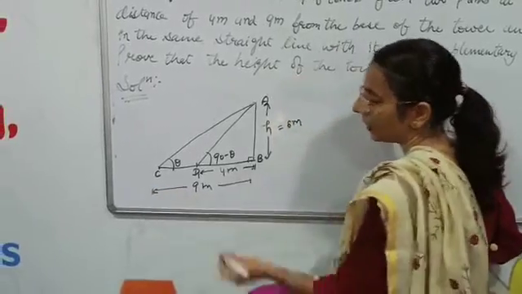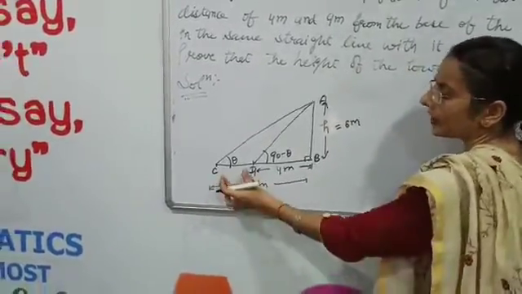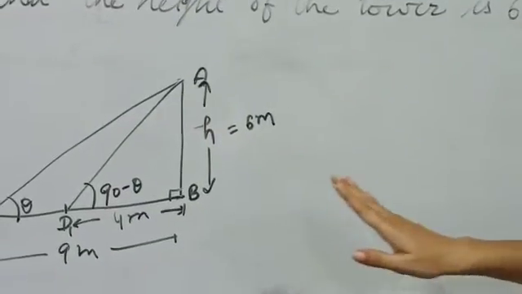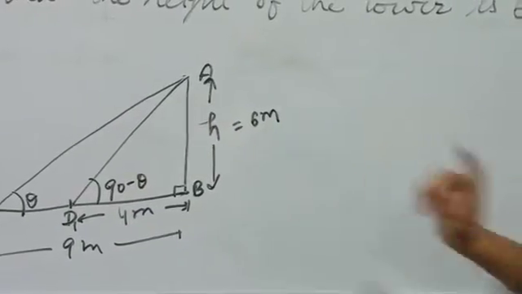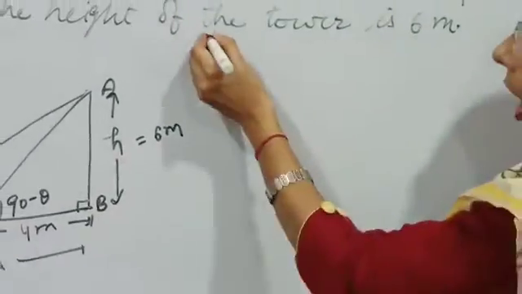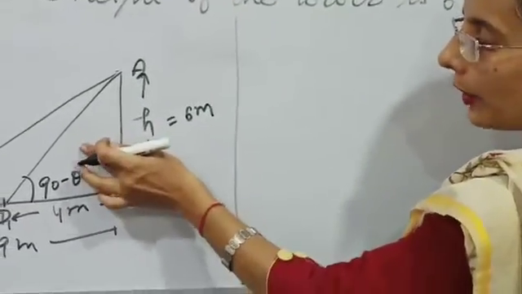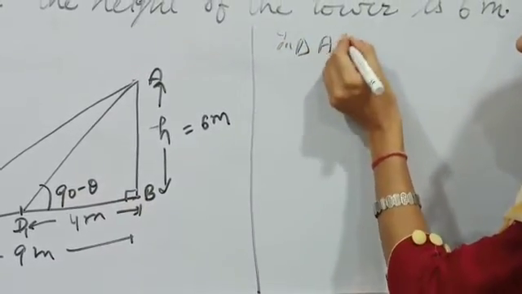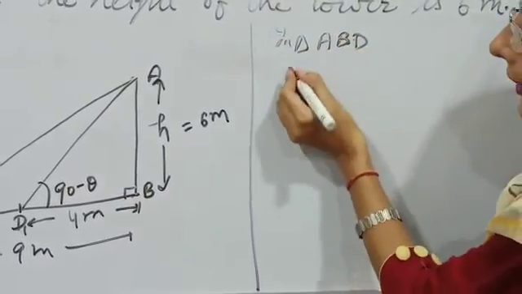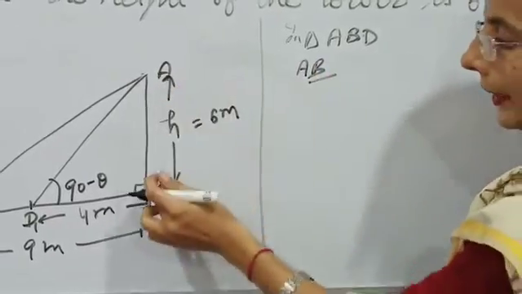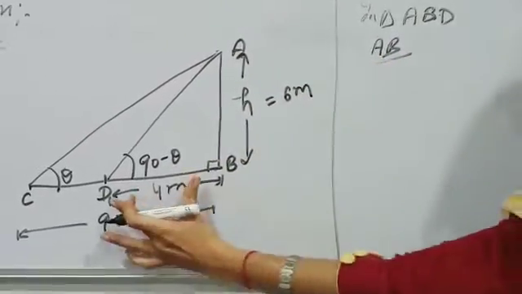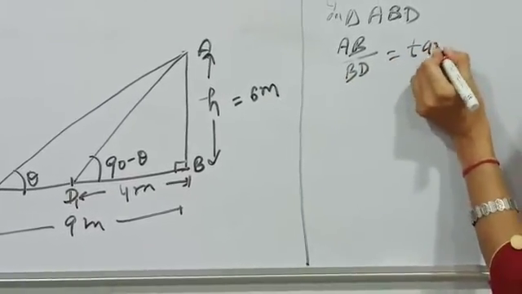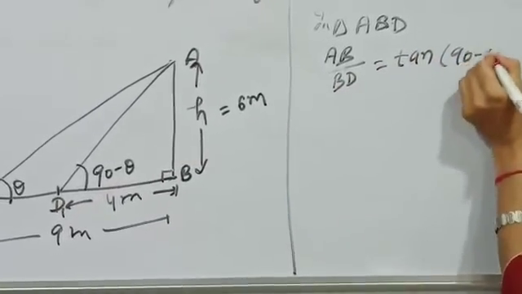Okay, we can say this one is also 5 meters. So we have to find the h value, or we can say we have to prove that h is equal to 6 meters. How can we do it? If we take triangle ABD, then height upon base, AB upon BD, is equal to tan of 90 minus theta.